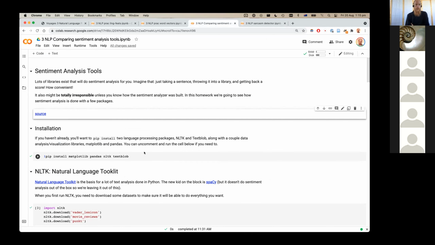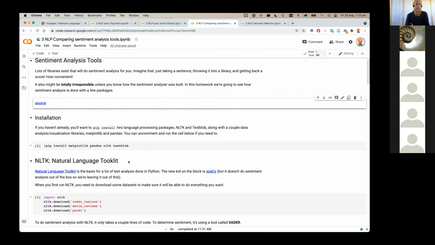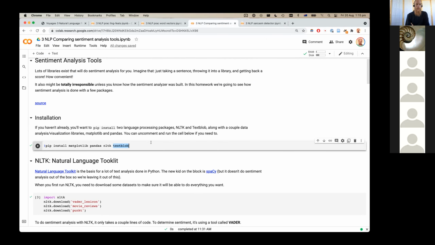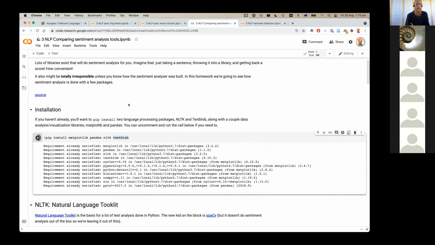Now, in this session, we'll use NLTK, matplotlib for the charting, pandas again for the data framing, and we'll use the TextBlob package as well. So we'll begin by installing all of these things.